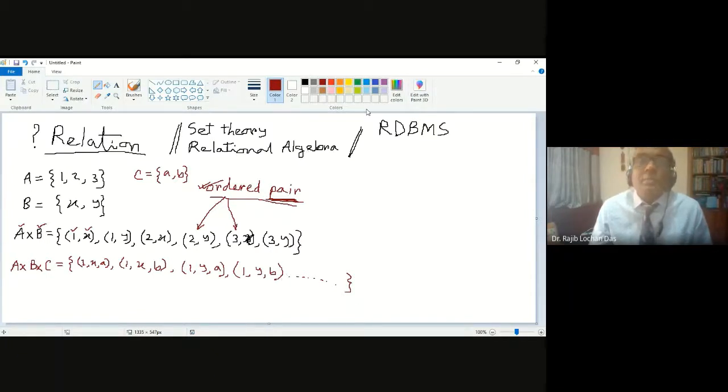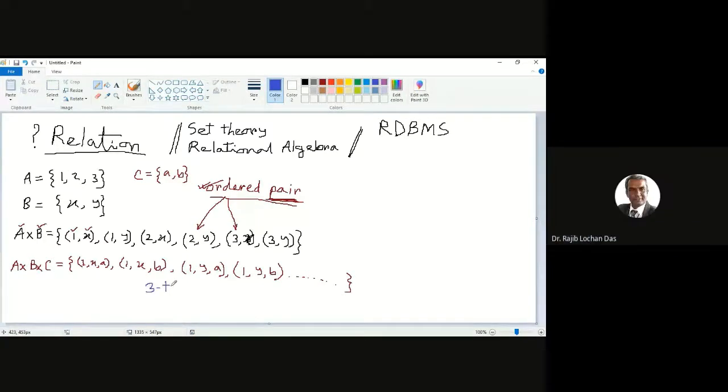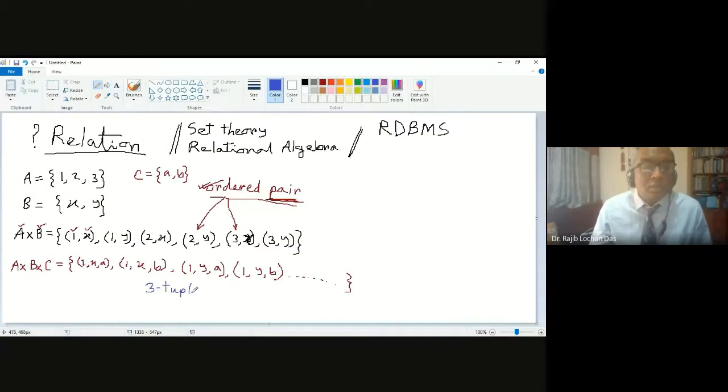So what should be the name? Usually we call this tuples. It is called 3 tuples. If you have n elements, that will be n tuples. 4 elements, 4 tuples, like that. If you have already done the RDBMS course, then you have this term, that people call n tuples.